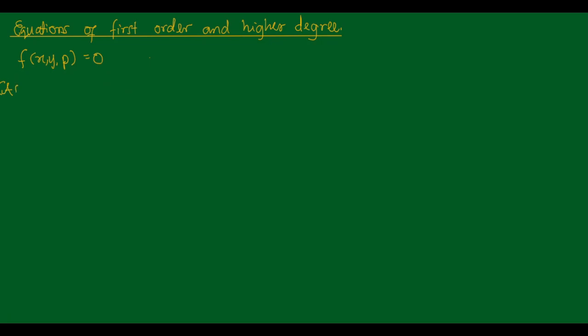The first case is the equations solvable for p, that is solvable for dy dx. The second case refers to the equations solvable for y.